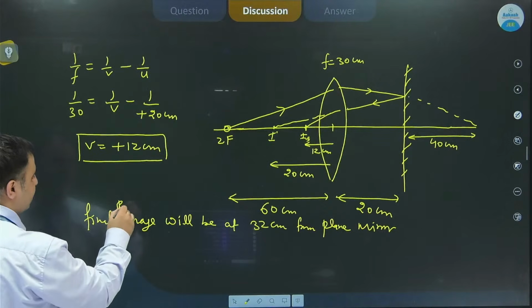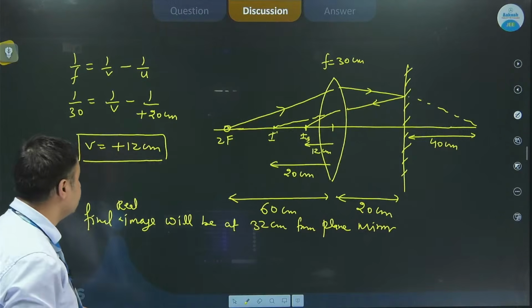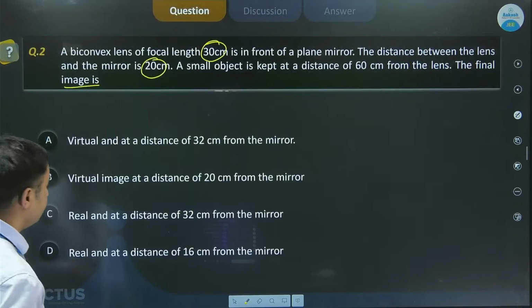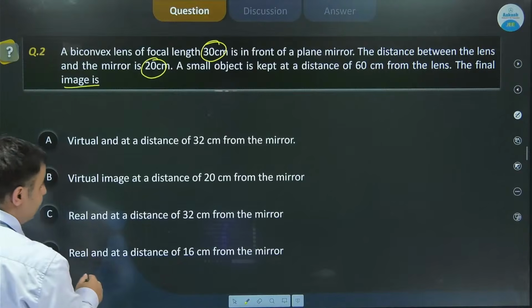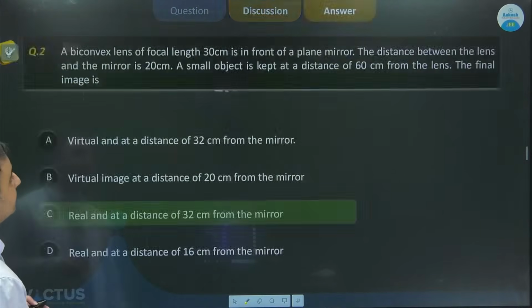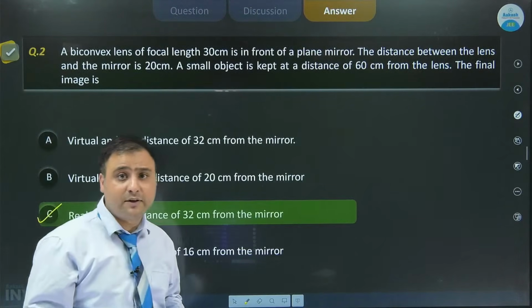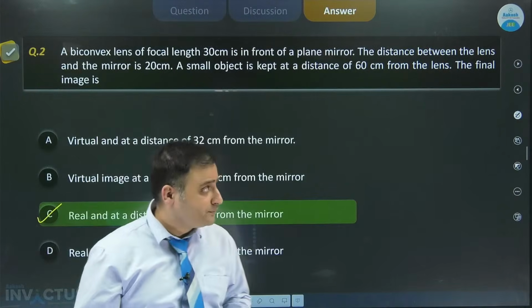Now let's see the answer. Option C is there: real and at a distance of 32 centimeter from the mirror. Yes, C is the correct answer, based on the lens formula. Now let's move on to the next question.